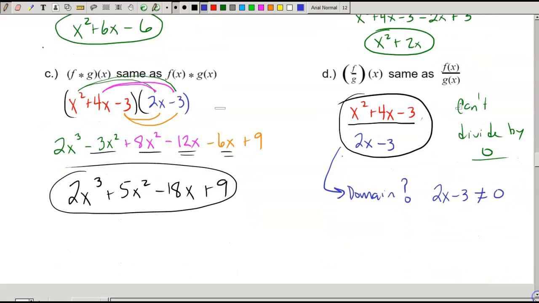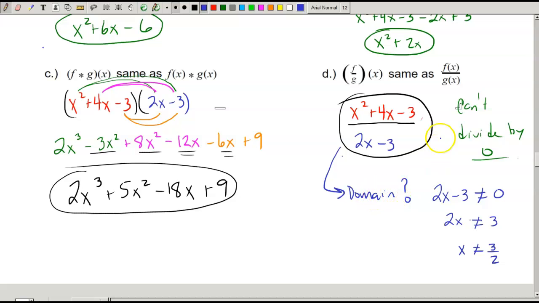Because if 2x minus 3 was equal to 0, that means that I would be dividing by 0, and you can't do that, right? So I'm stating that right here. 2x minus 3 cannot equal 0. And you could simply solve this little equation here. So it's not an equation, actually. It's an inequality, right? So if I add 3 to both sides, I say 2x cannot equal 3, and therefore x cannot equal 3/2.